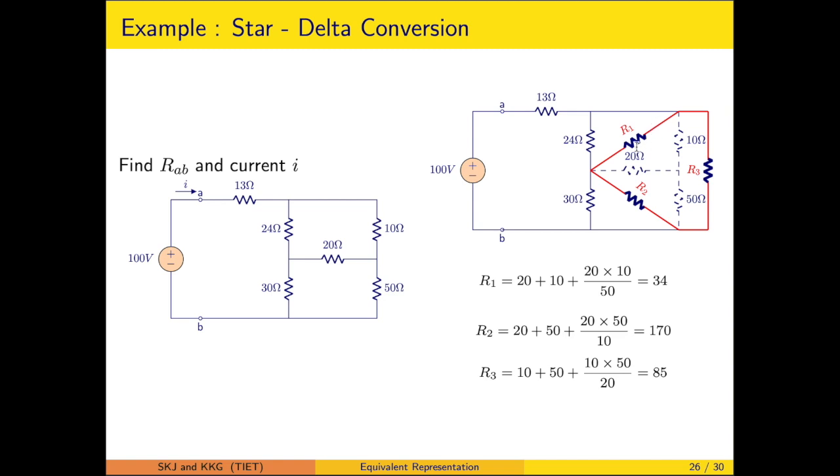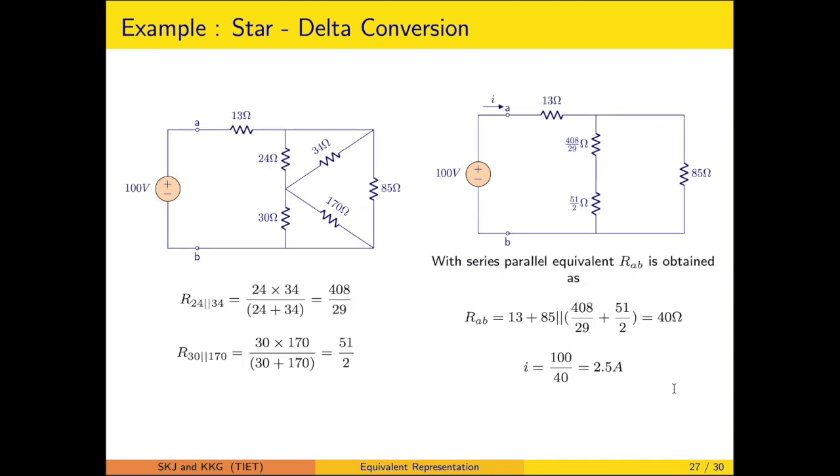Corresponding to R1, it is the sum of this resistance and this resistance plus their product divided by the third one. On that basis you have calculated R1 is coming out to be 34 ohm, R2 is 170 and R3 is 85.